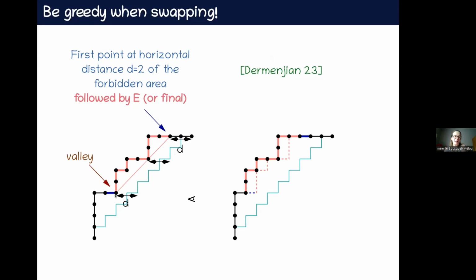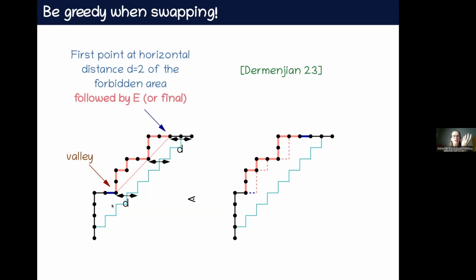So I pick a valley. And beforehand, I was looking at the shortest Dyck path that follows it. Now I'm looking at the longest Dyck path that follows it. So I go up to here and I do the swap.